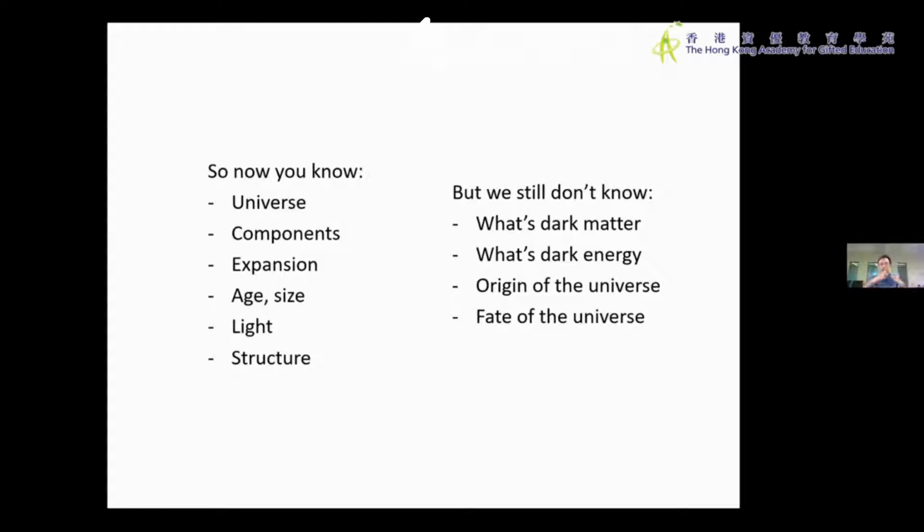We talked about the expansion of our universe, the age of our universe, and the size of the universe, how large it is. Actually we don't know how large, but we have an idea of how large the observable universe is.